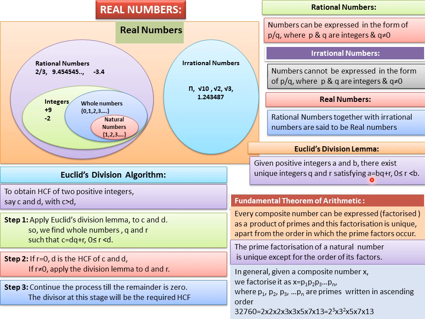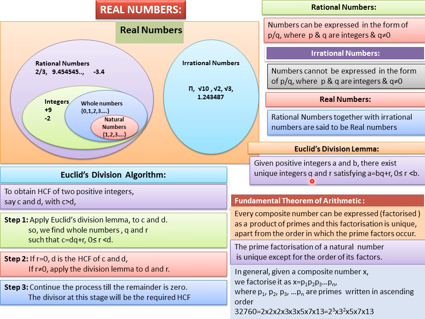We can express this as dividend equals divisor into quotient plus remainder, and this remainder can be 0 or greater than 0 but less than the divisor, which we already know from division. The same division is expressed in this algebraic form as a equals bq plus r, where a is the dividend, b is the divisor, q is the quotient and r is the remainder.